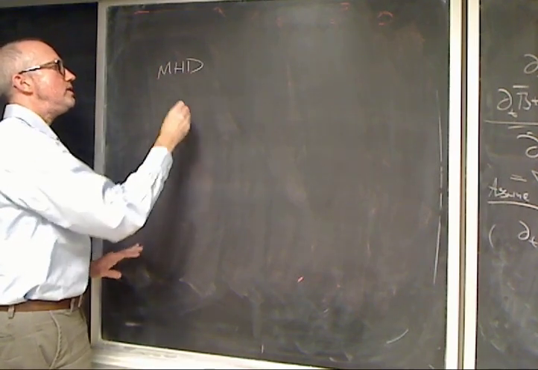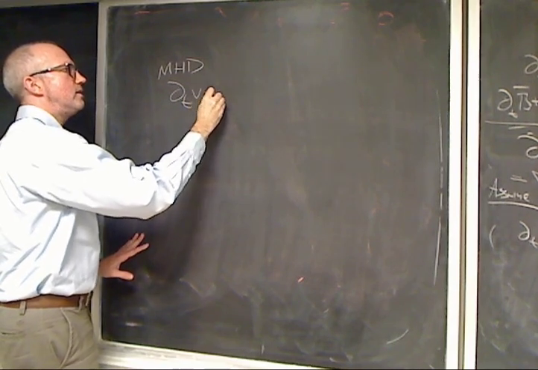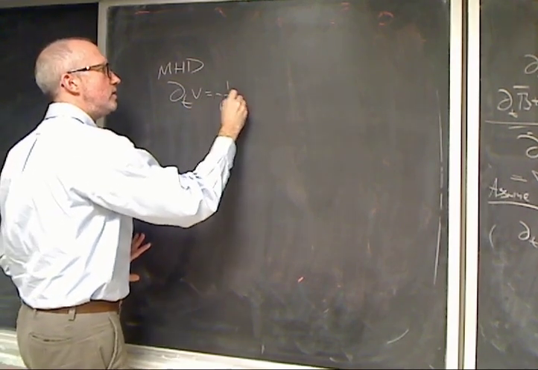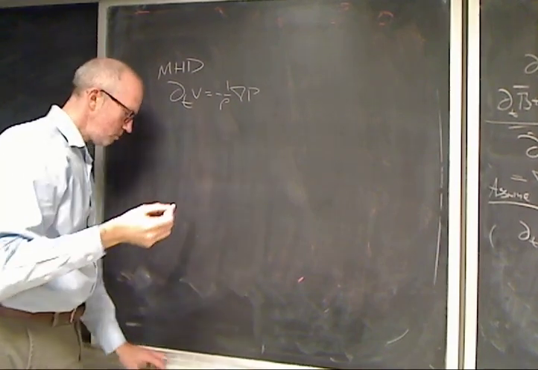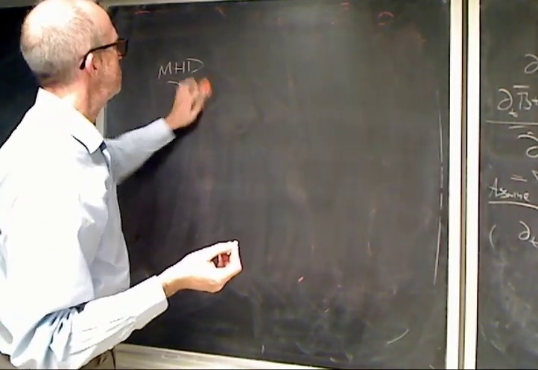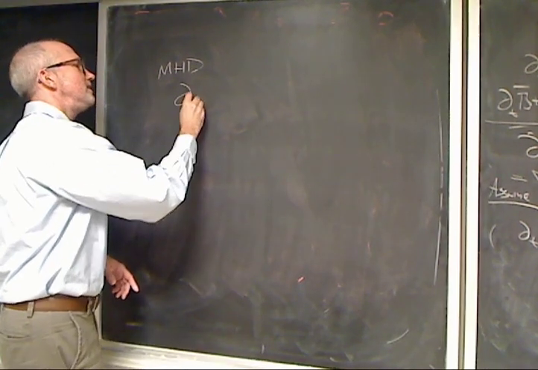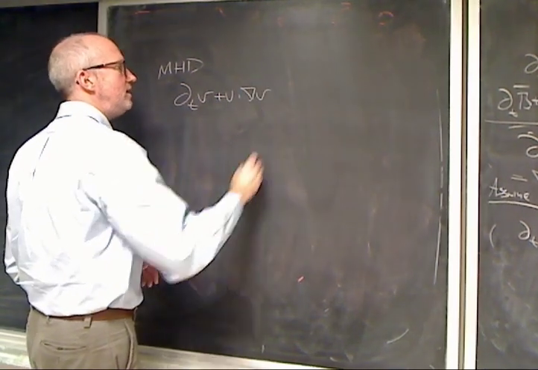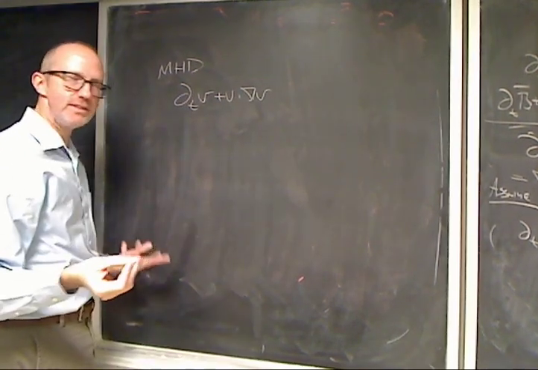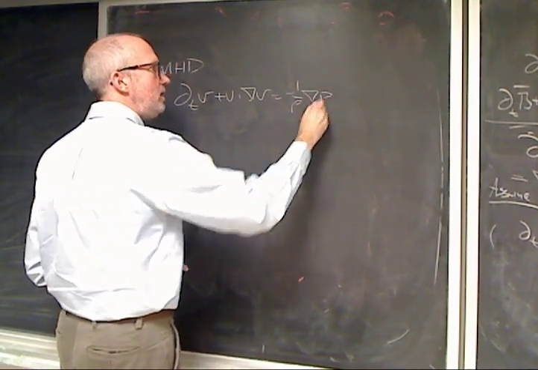So the MHD equation is, dv dt plus v dot grad v, that's the derivative of velocity, is minus 1 over rho grad p.